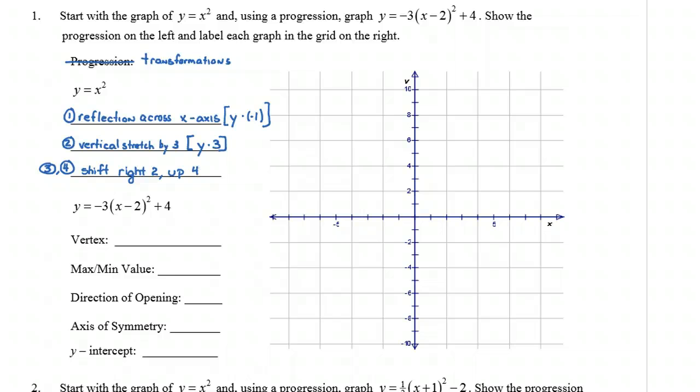Of course, the first thing we want to do is draw that parent graph in. By this point, we should be getting pretty good at visualizing y equals x squared and really quickly sketching it out. So there's y equals x squared there. This is our parent graph.